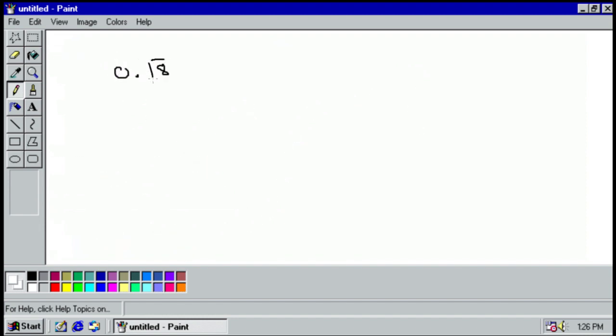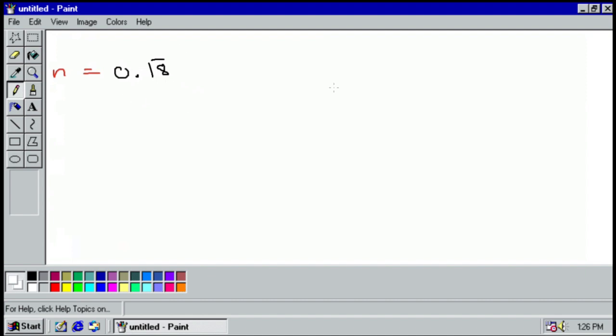Now, how about this? Let's think of this as n, like in the earlier example. How many n's do we need to make this a whole number?